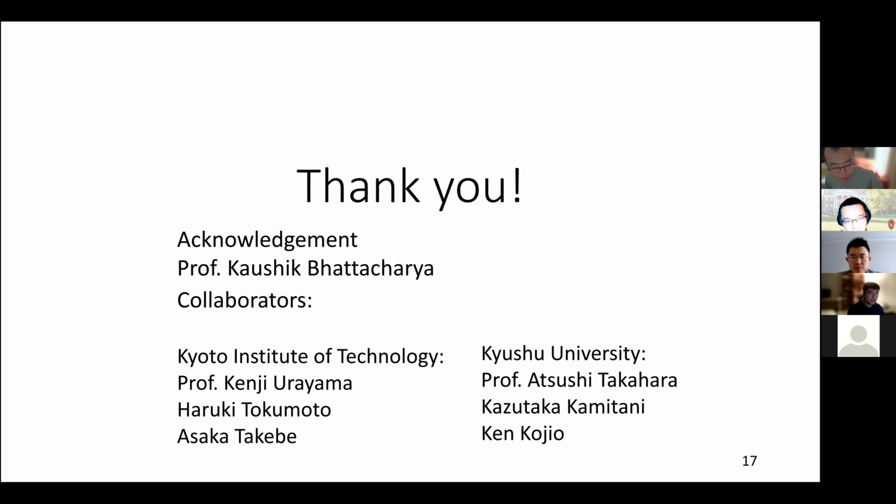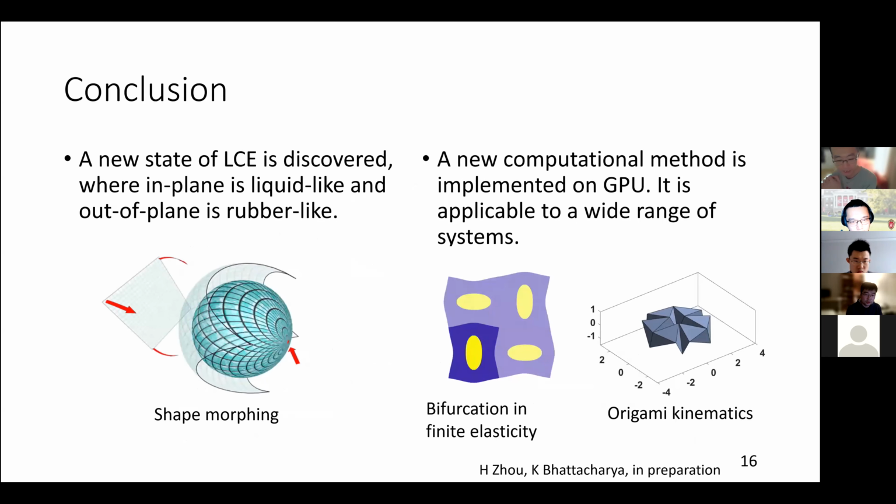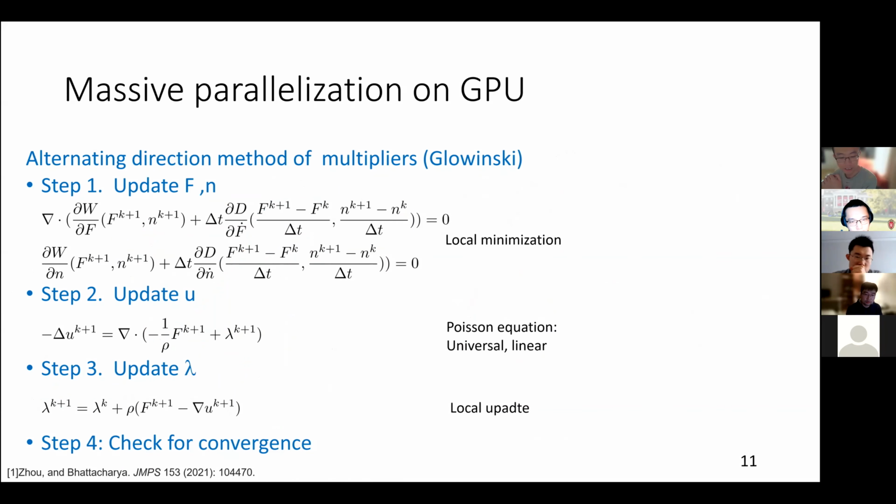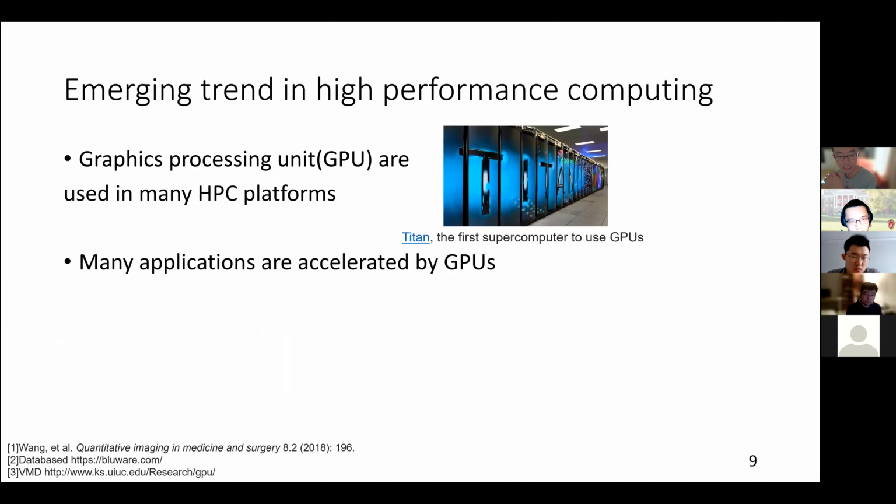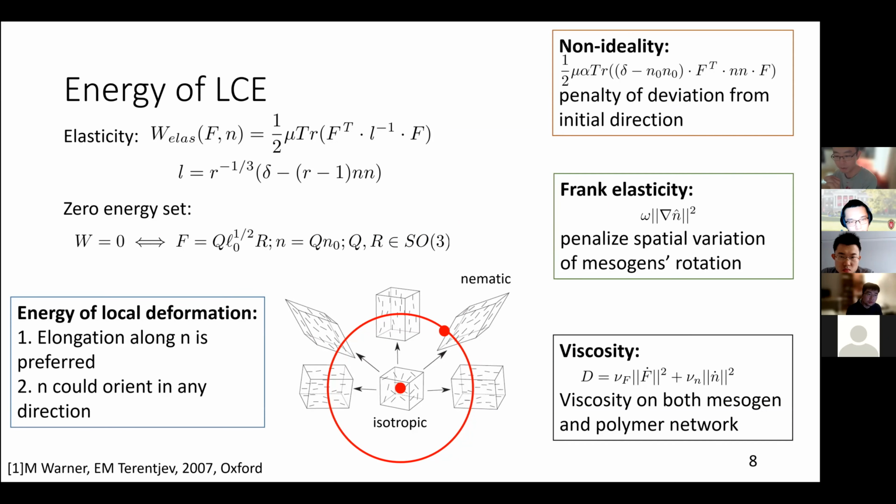Hello, Hao. Very interesting work. Can I ask you about the energy terms? You said your simulation seems to include 4 kinds of energy terms, I suppose. So there is a Frank energy term. I was always wondering which energy term plays more significant roles.